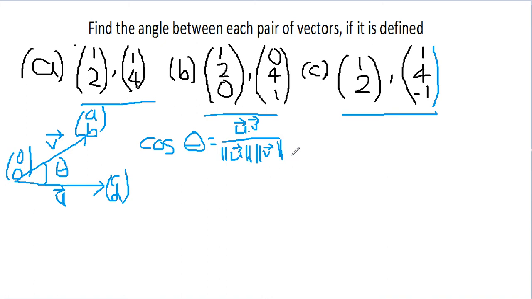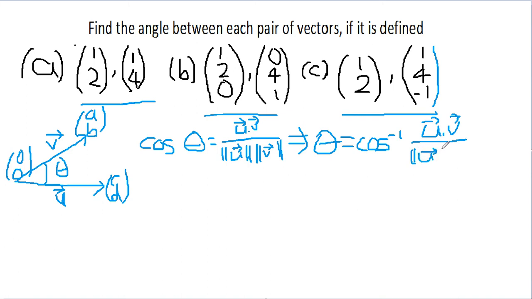So now we can try to get the result of the angle. Therefore the angle equals arc cosine, meaning inverse cosine, of the dot product of u and v over the magnitude of u times the magnitude of v.